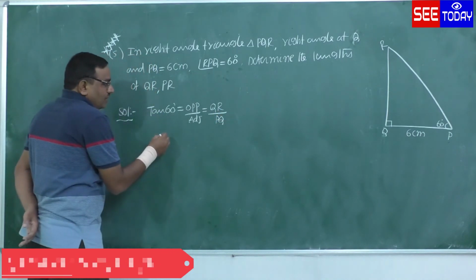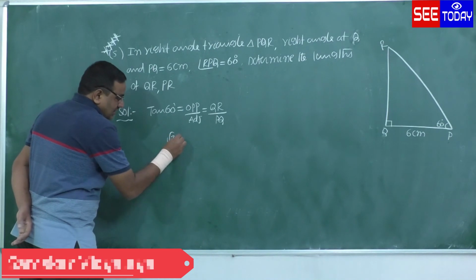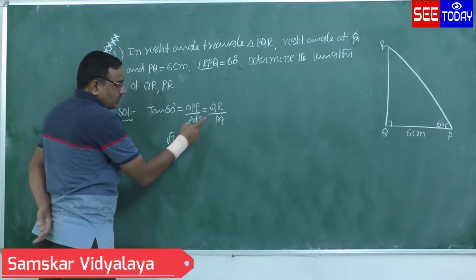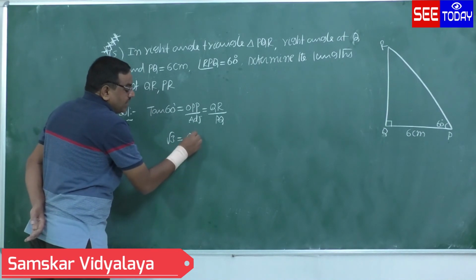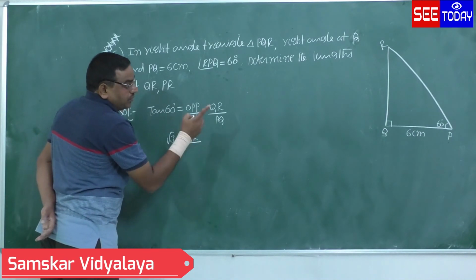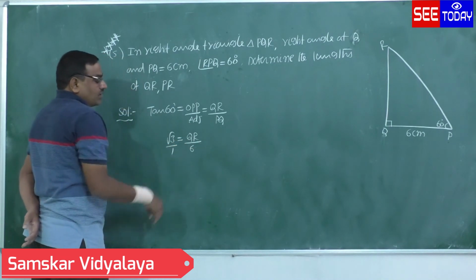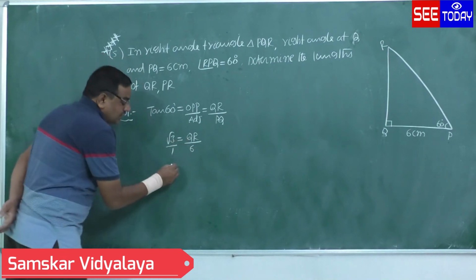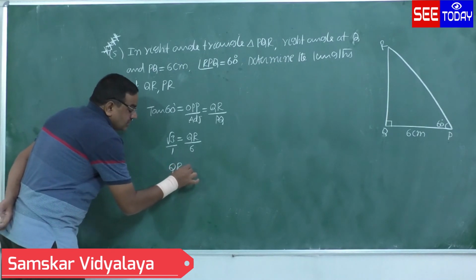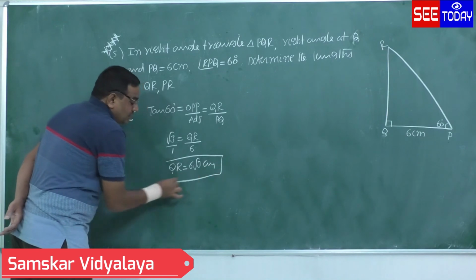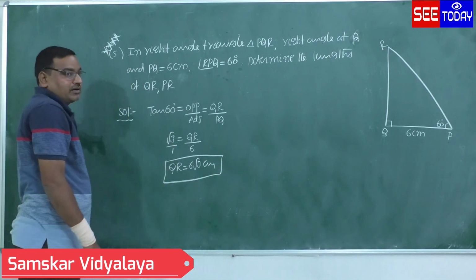Now, what is the value of tan 60? Tan 60 is equal to root 3. So root 3 equals QR by PQ, and PQ is equal to 6 centimeters. If there is no denominator, let us take 1. Multiply it. QR is equal to 6 root 3 centimeters. One length, QR, is completed.